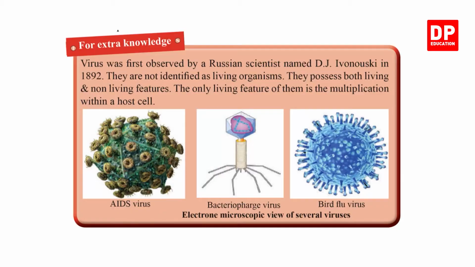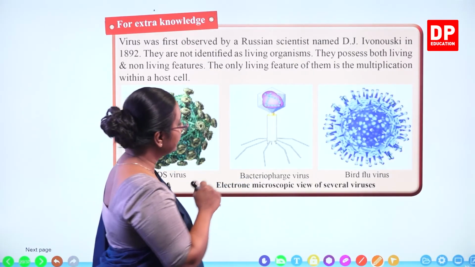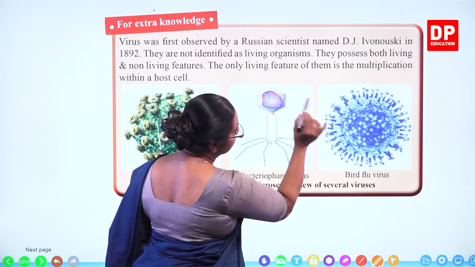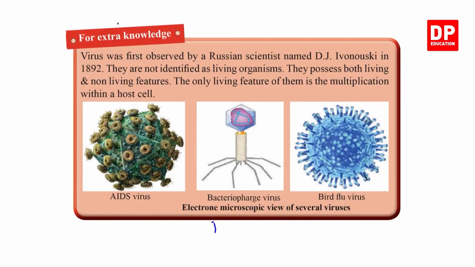So here, virus was first observed by a Russian scientist named D.J. Ivanovsky. Students, normally when we spell D.J. Ivanovsky, he is actually Dmitry Ivanovsky.